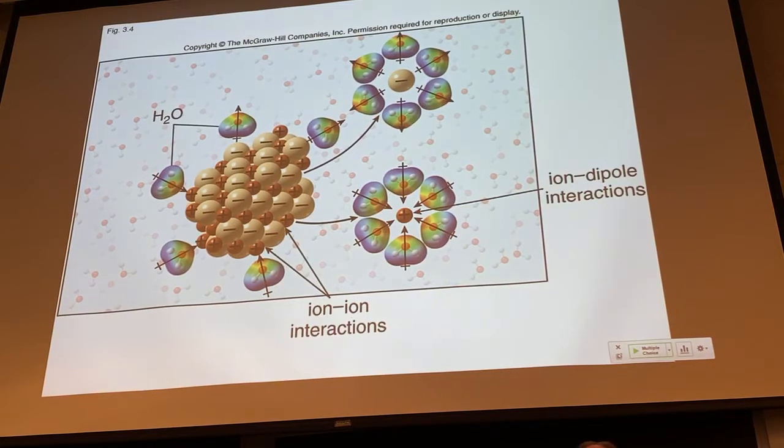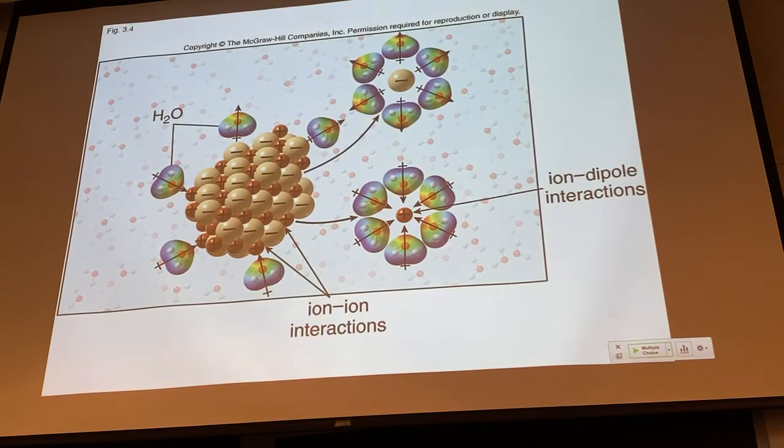So for something to dissolve, it has to have stronger intermolecular forces with the solvent molecules than it does with itself. Okay? So the sum total of all these ion-dipole interactions has to overcome the magnitude of the ion-ion interactions for an individual ion in order for it to dissolve. Okay? Because it's not going to happen unless it's energetically favorable. Okay?